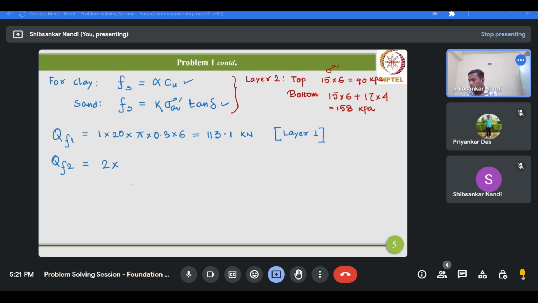So now this average would be 90 plus 158 by 2.